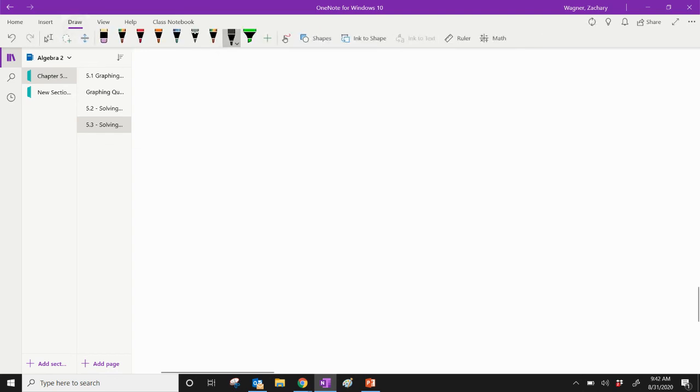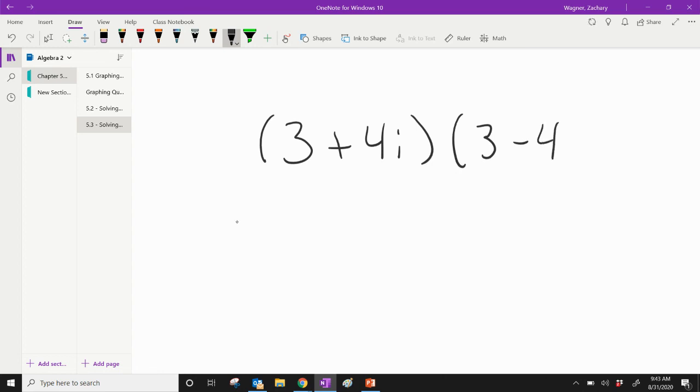For example, if I had 3 plus 4i and I multiply it by 3 minus 4i, this is a good trick to show, because notice these are very similar, and something special will happen when you multiply these two out.